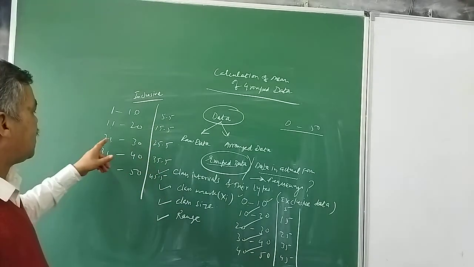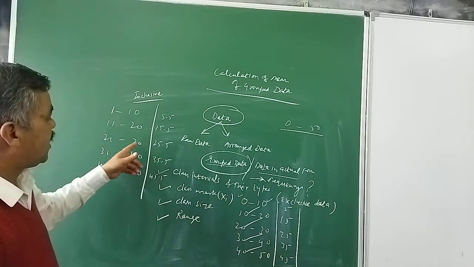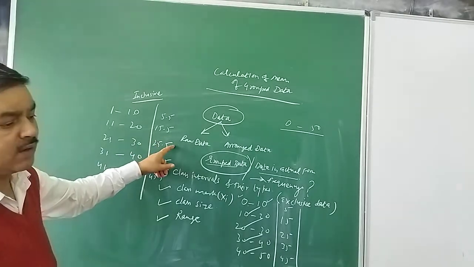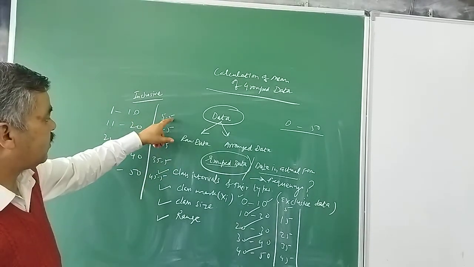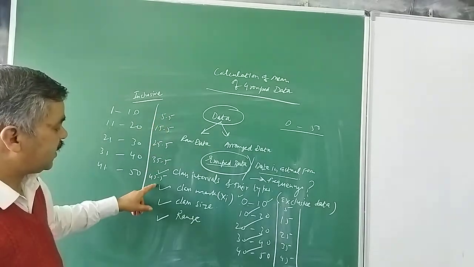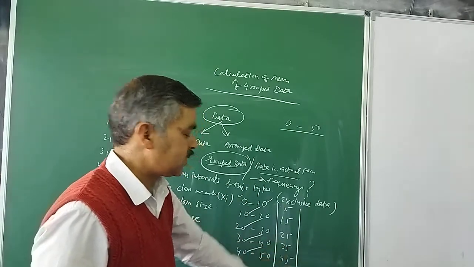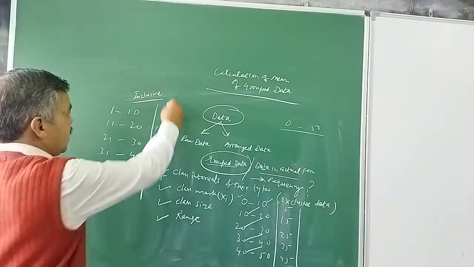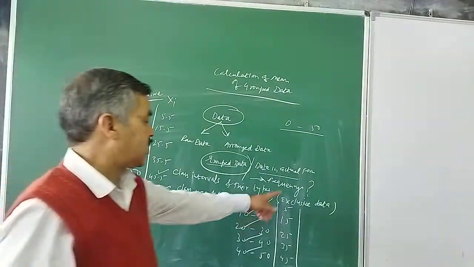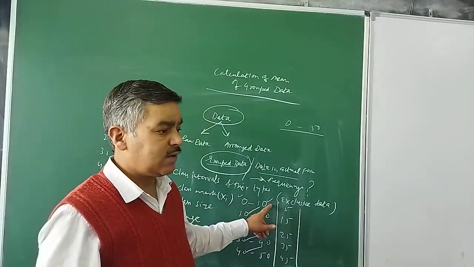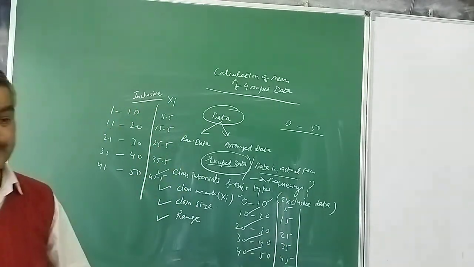Keep a check anywhere: 21 and 30 give 51, and half of 51 is 25.5. The difference between 5.5 and 15.5 is everywhere constant, of 10. Here also the difference between the successive class marks, which I have determined for these class intervals, is 10, and here also it is 10.